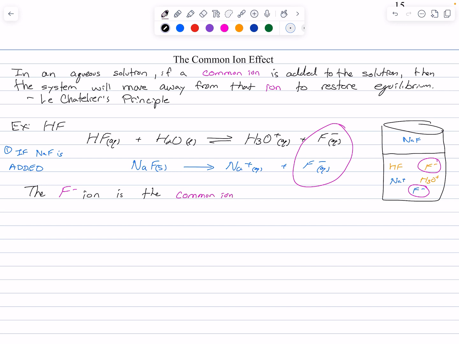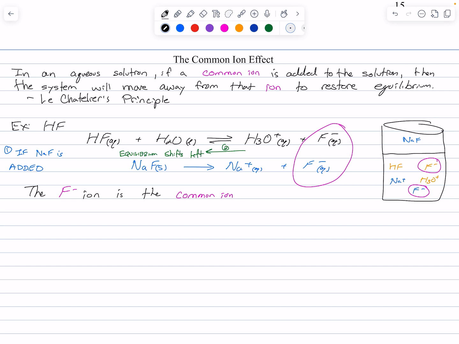Which means in this situation, our equilibrium will shift to the left. So two, our equilibrium shifts left. It's going to shift left because F minus is the common ion.